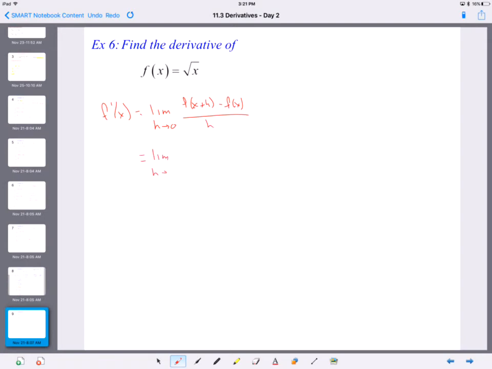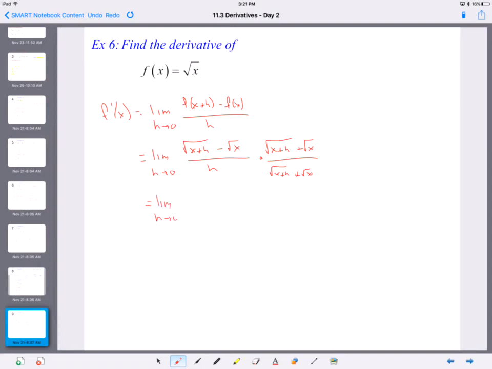So that's the limit as h approaches 0 of the square root of x plus h, that's f of x plus h, minus the square root of x over h. So just like the limits when we had the radicals, we're going to have to multiply by the conjugate. So we're going to multiply by the square root of x plus h plus the square root of x. And remember, when we multiply by the conjugate, the radicals are going to cancel out.